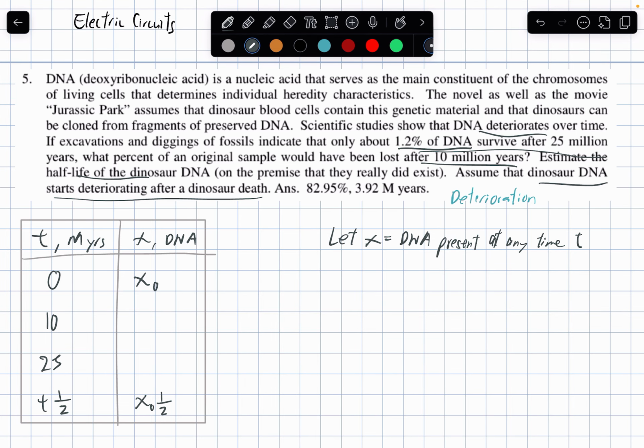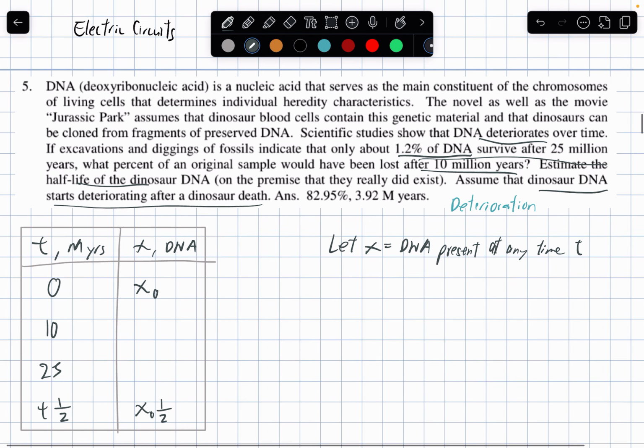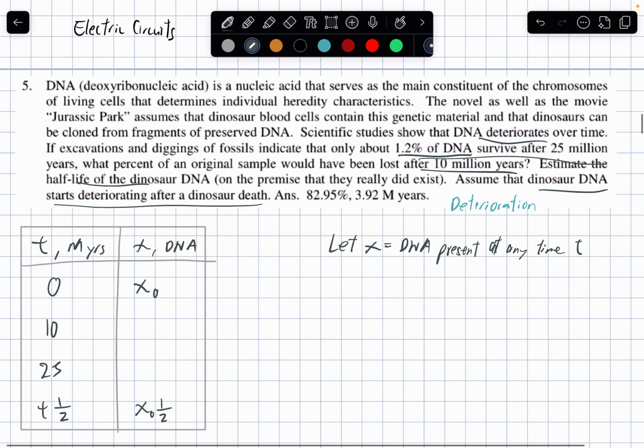Okay, so it says here 1.2% of the DNA survives after 25 million years. 1.2% of what? Of what we originally started with. We convert the 1.2% to mass fraction form.